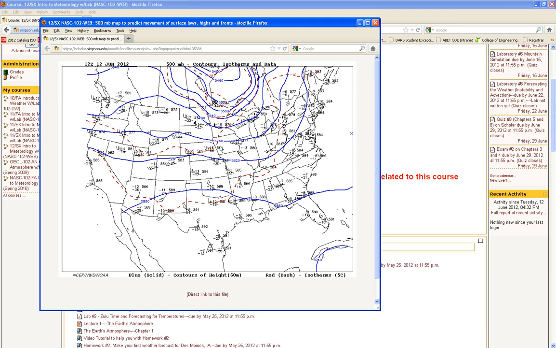Average wind speed we're saying here is 30 knots times 24 hours would give us 720 miles back to the west. It's just like if you got into a car, went 30 miles per hour for 24 hours, you would travel 720 miles. So if Iowa is roughly 300 miles east to west, so from here to here would be about 300, here to here about 600, and another 120.